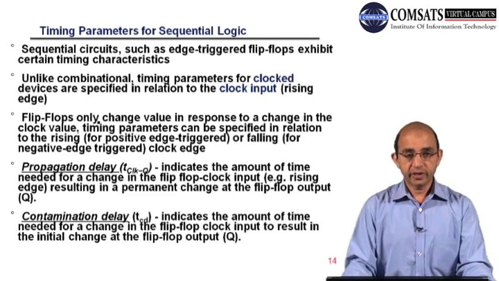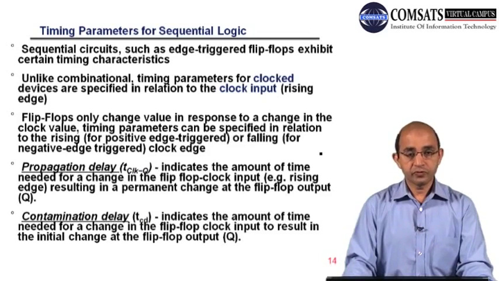Flip-flops change value whenever we have a change in the clock input. They can be positive edge triggered or negative edge triggered; we can have both sorts of flip-flops. So in case of sequential logic, how do we define the propagation delay? It indicates the amount of time required for a change in the flip-flop clock input.